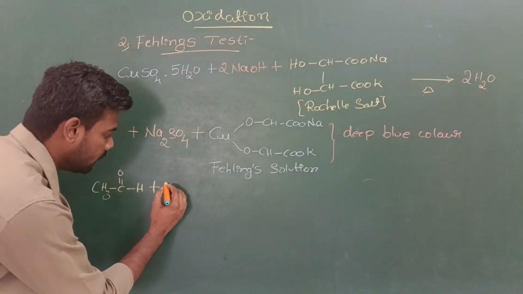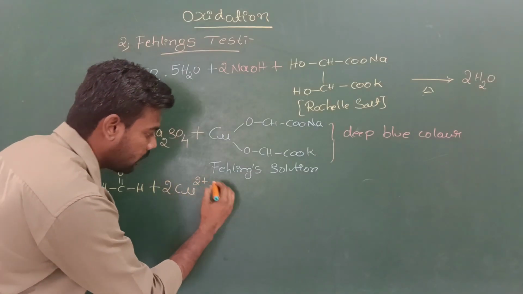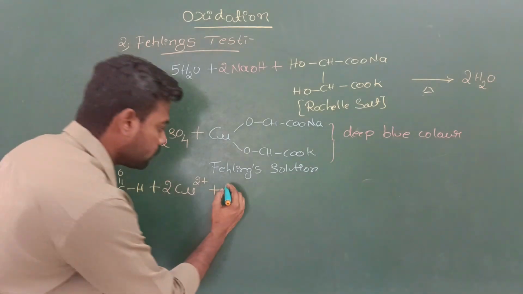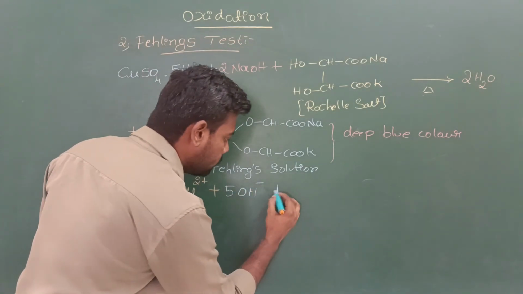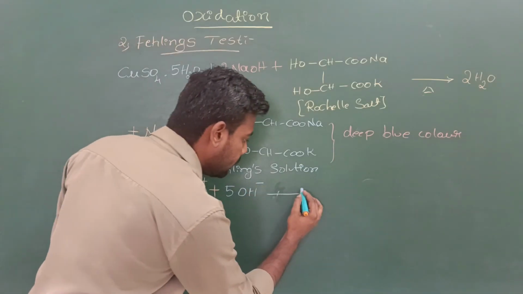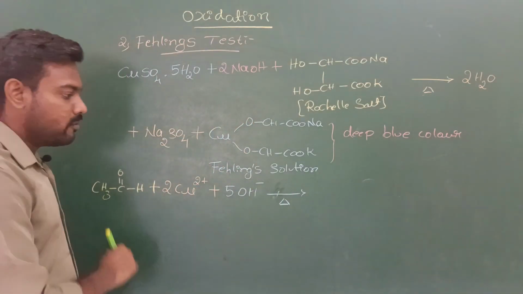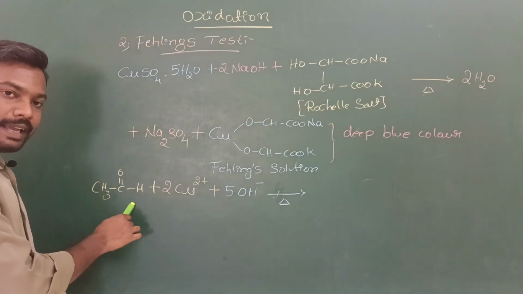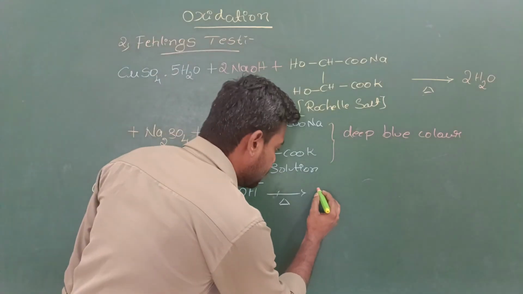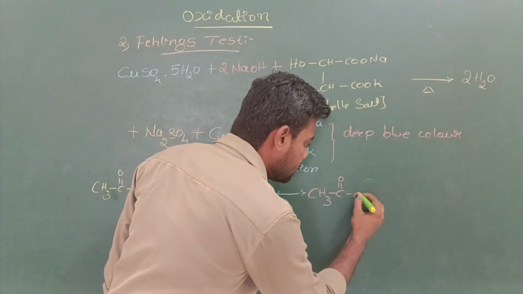that is 2 moles of copper ion and 5 moles of hydroxide ion in the presence of heat, the acetaldehyde is converted to acetic acid.